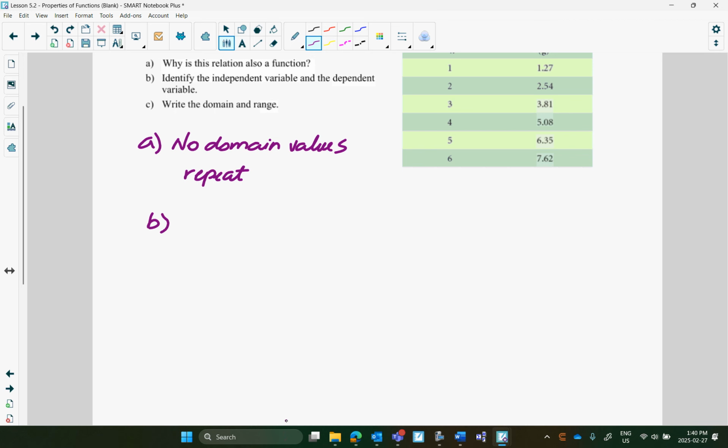What's the independent variable? Number of marbles. What about the dependent? The mass.